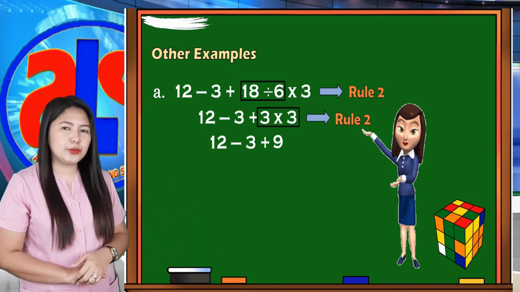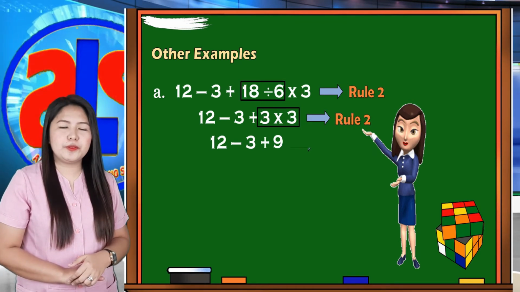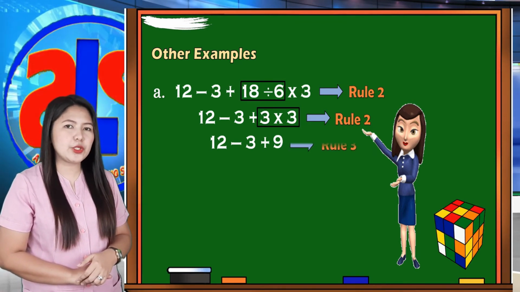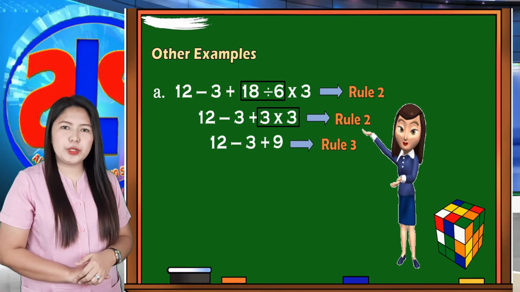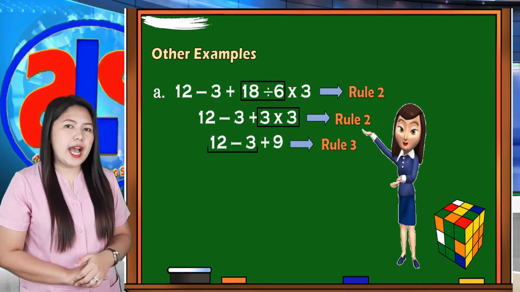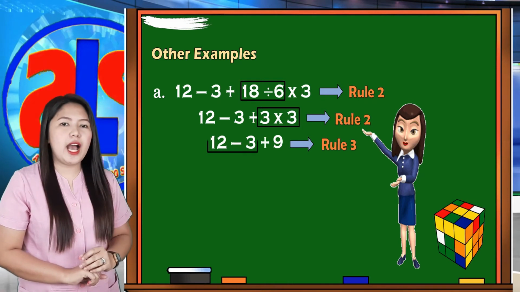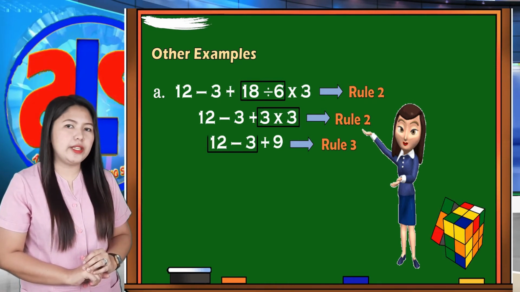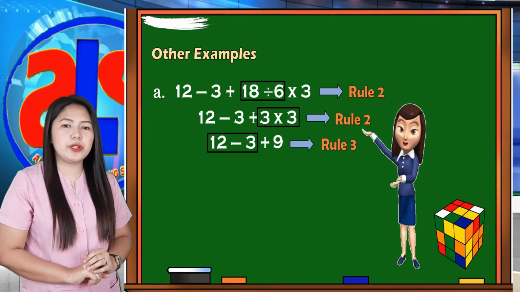Ano ang susunod nating rule? Dahil meron tayong subtraction at addition, rule number 3. So, addition at subtraction as they occur from left to right.